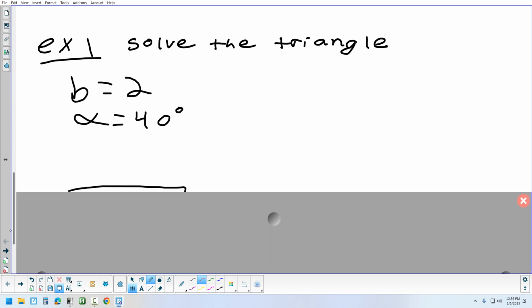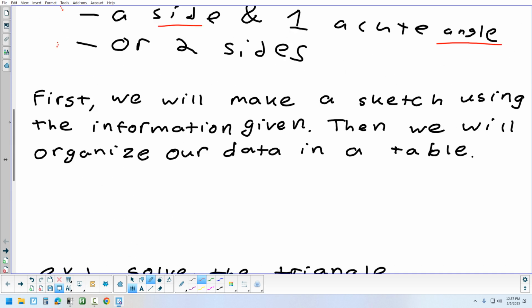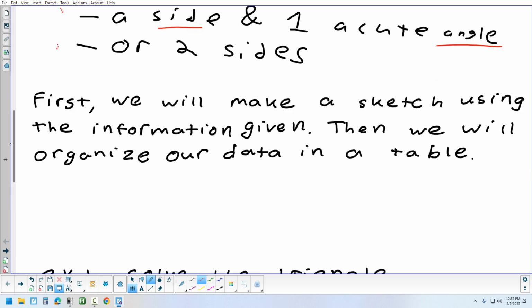What's the first thing that I said to do once you have your information? Draw it out. Yep, so first thing is make a sketch. Then we'll do a table after.